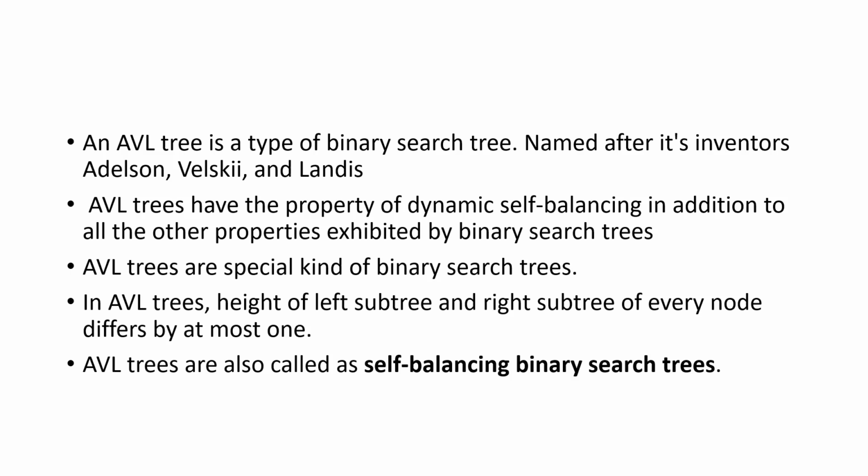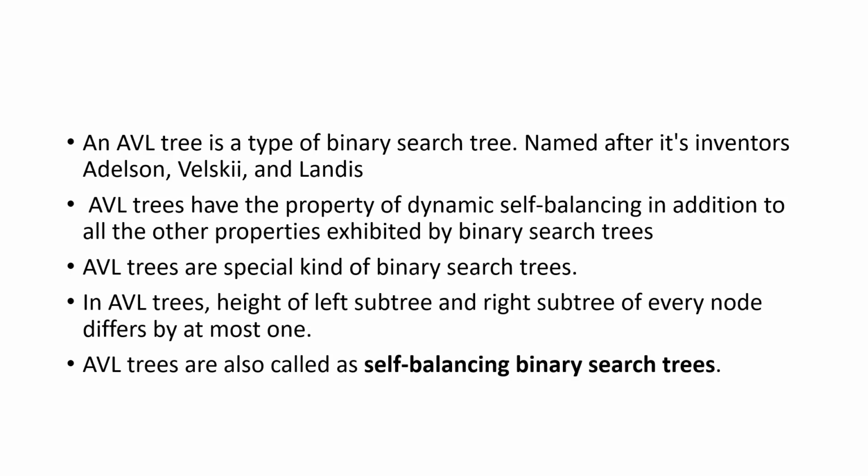When doing so, we may observe the tree in an imbalanced state. Imbalancing means either the left side is heavy or the right side is heavy. This can be determined with the help of the balancing factor.